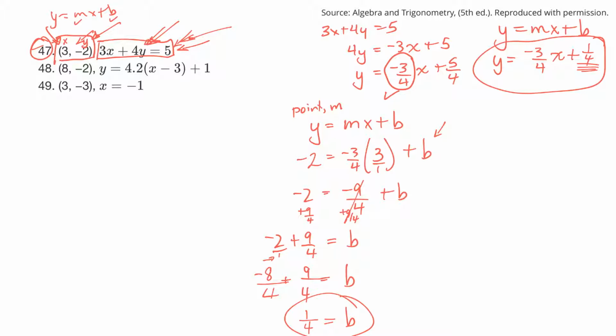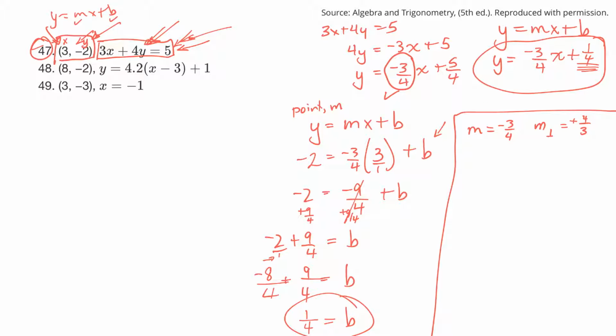So if it's perpendicular to that line, I'll just start you on it here. Lines that are perpendicular have slopes that are negative reciprocals of each other. So if the slope of a line is -3/4, the slope of a perpendicular line would be positive 4/3.